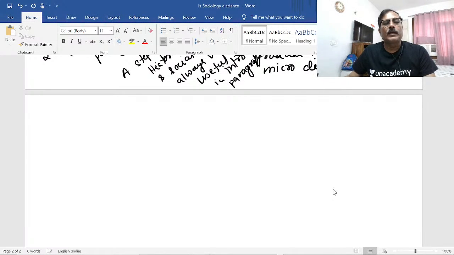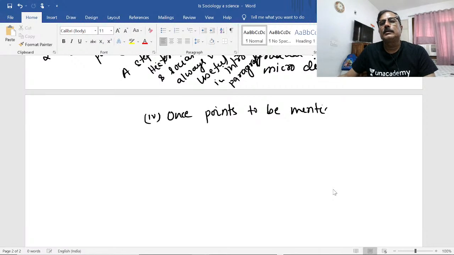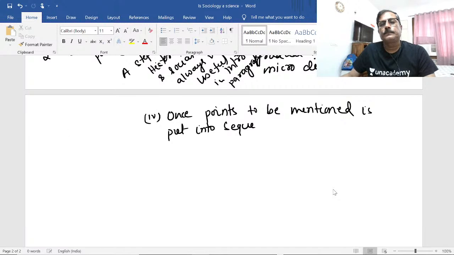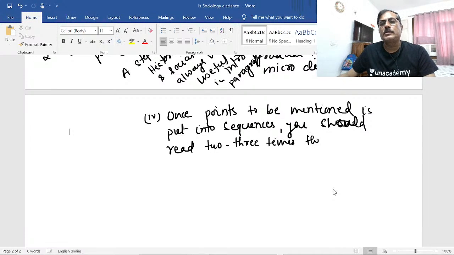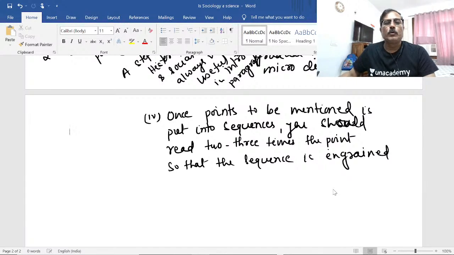Then fourth, once the points to be mentioned are put into sequence, you should read the points two to three times so that the sequence is ingrained in your consciousness, right?